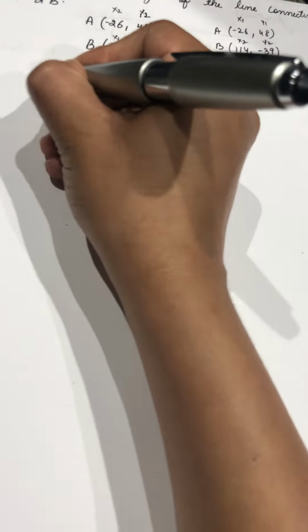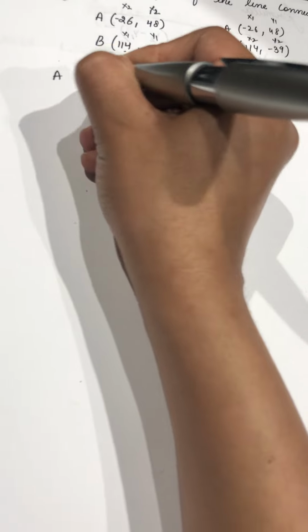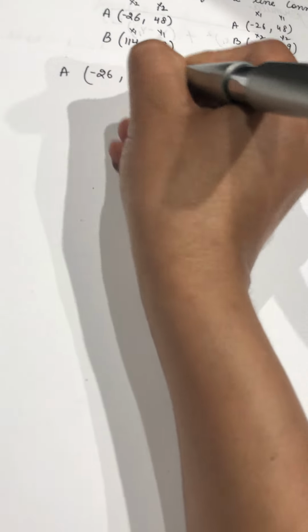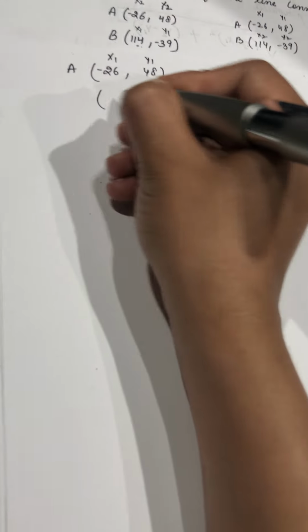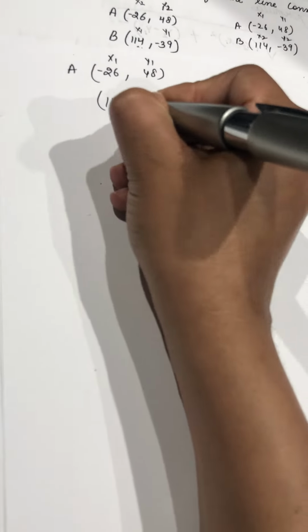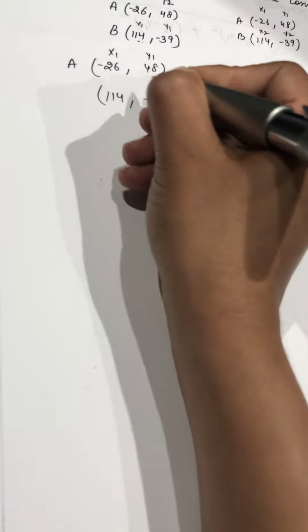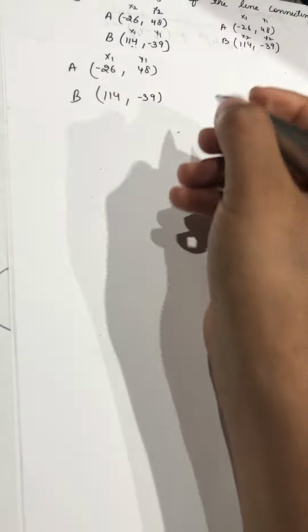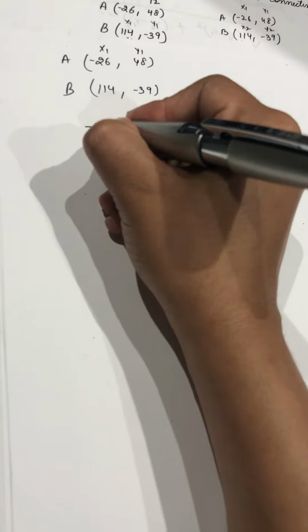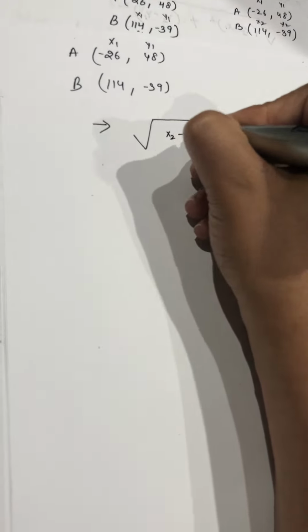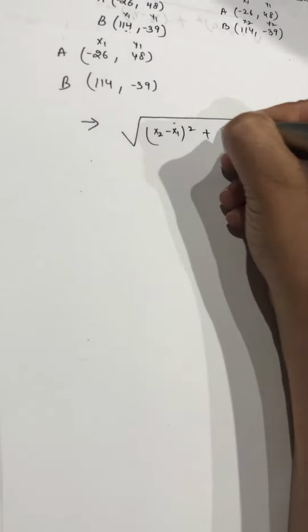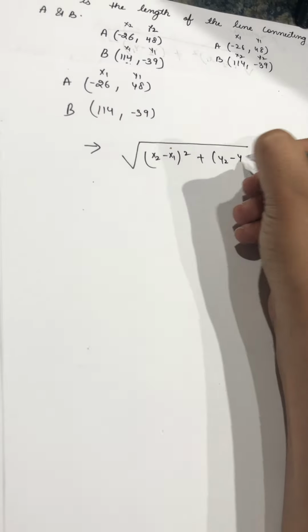So A is minus 26, 48. Now we are considering this as x1, y1, and this as x2, y2. Again, put it into the formula: x2 minus x1, y2 minus y1.